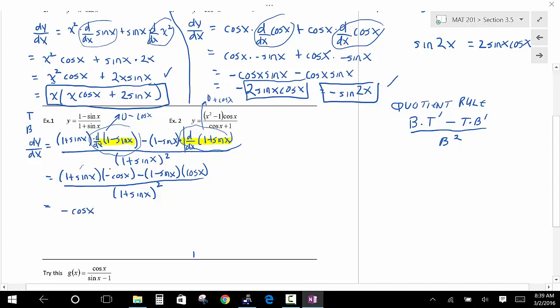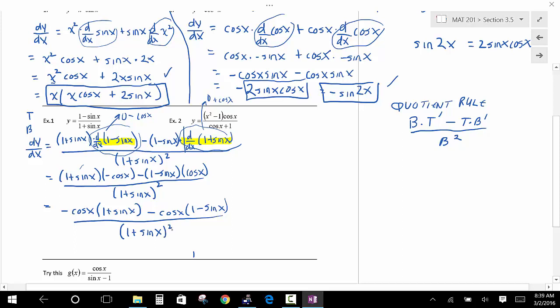So I'm going to write that as negative cosine x times 1 plus sine x, and then I'm going to put that cosine in front, and then I'm going to leave this basically alone for now. Then we'll see what we can get from there.